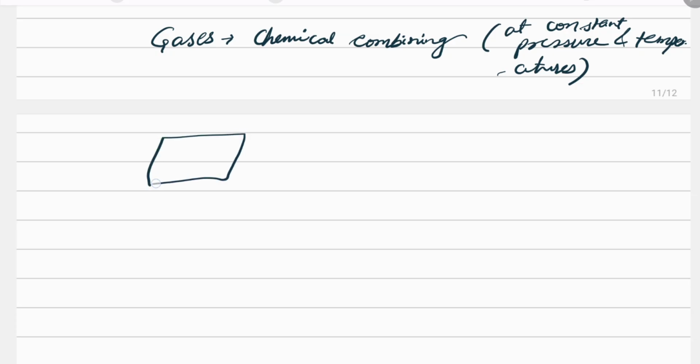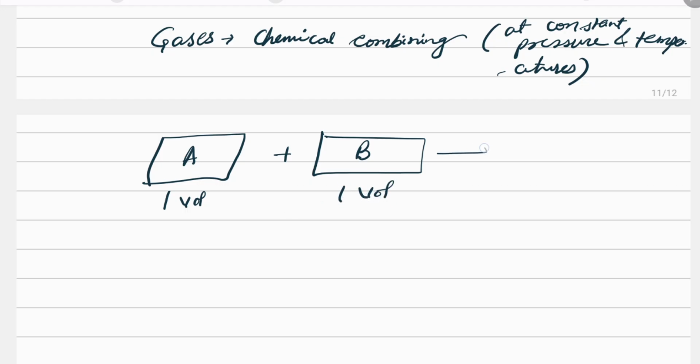So when they are chemically combining, these two gases are combined in ratio. Suppose there is a gas A and we are taking one volume of it. One volume can be anything, 1 milliliter, 1 liter, okay. When it is combined with a gas B, let's say we have also taken one volume, and when we have combined them, there is a formation of a mixture AB, okay.